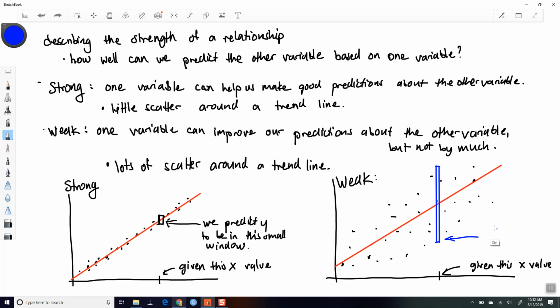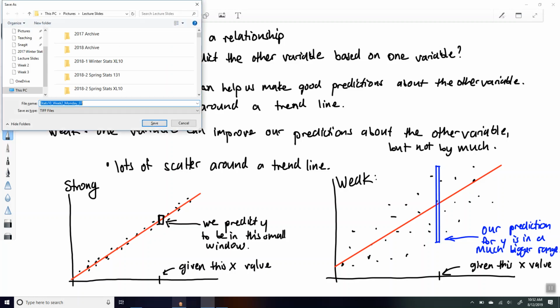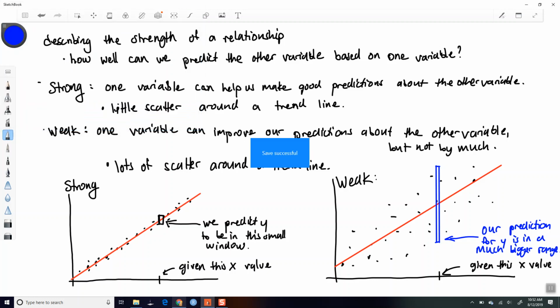Our prediction for y is in a much wider range. Does that work for strong and weak relationships?